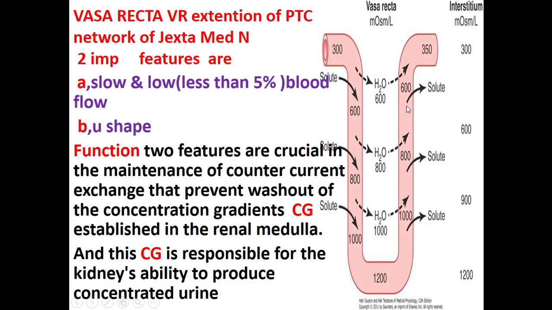During that high movement, it will drain some of the solutes from this interstitium into the cortex. So if there is high blood pressure and a high speed of the filtrate into the vasa recta, definitely it will cause drainage of the solutes, drainage of the hyperosmolarity of the medulla, mainly the sodium and the urea, from this area.